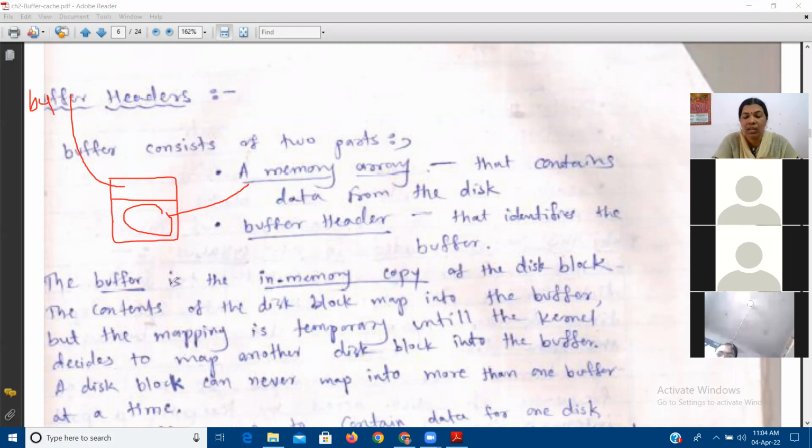Otherwise nothing will be there inside the buffer. Normally we call that garbage, because it is not valid data when the system is off.